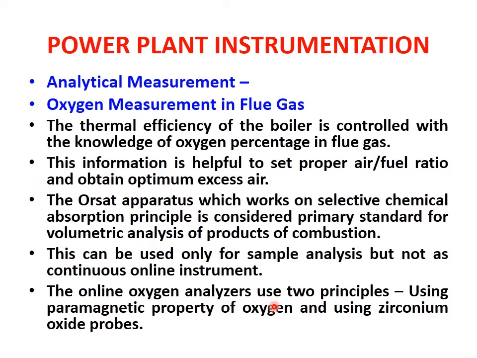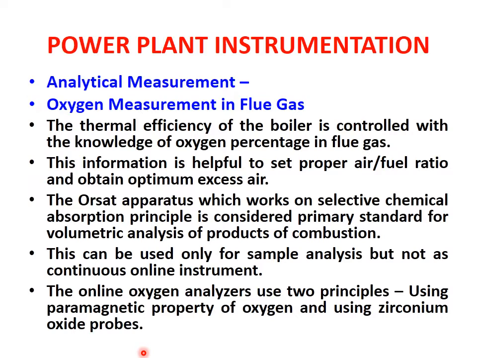The online oxygen analyzers use two principles: first, using the paramagnetic property of oxygen, and second, using zirconium oxide probes. Online measurement means that the IC engine is in operation, and we are still getting the output of that particular system when we give the input.